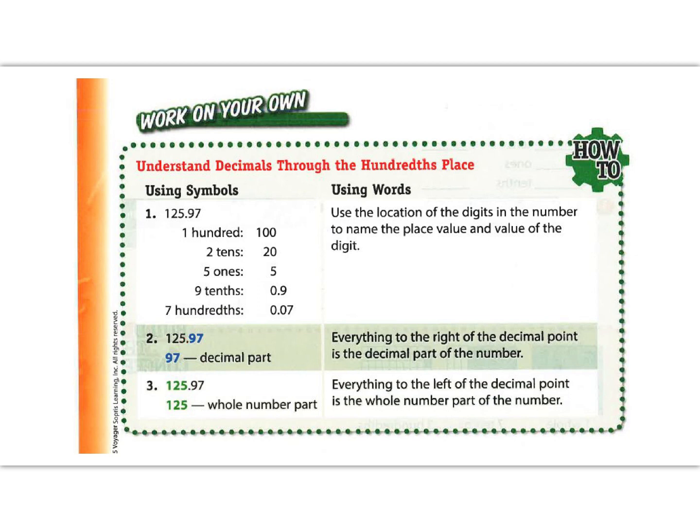So here you have, in blue, it says 97 is the decimal part. So everything to the right of the decimal point is the decimal part. So we can see here, here's the decimal point, everything to the right. So 97 hundredths. Then everything to the left of the decimal point is the whole number.